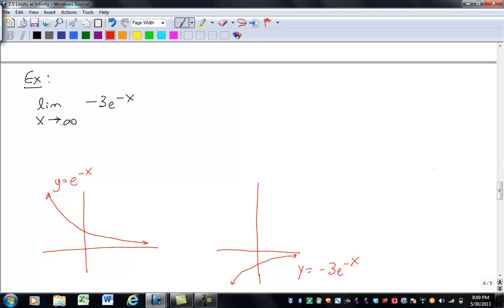So you can kind of see as x goes to infinity, this thing is going to go to 0. This is kind of what the graph is going to look like if you could draw a picture of it. But let's actually use the limit laws that we learned above. I can factor the -3 outside of the limit.